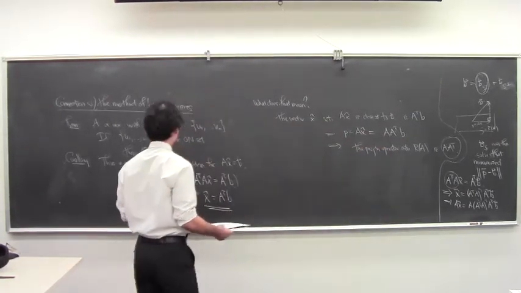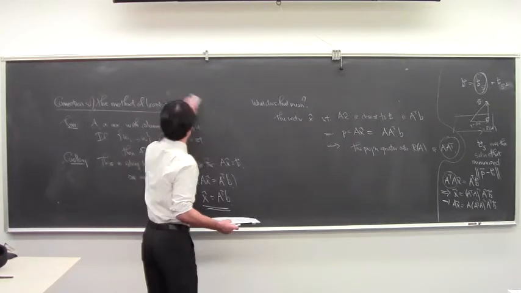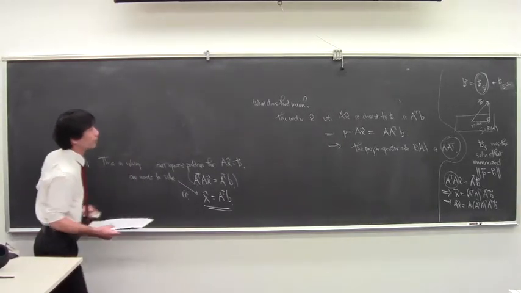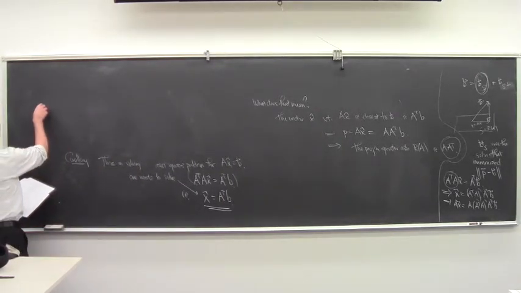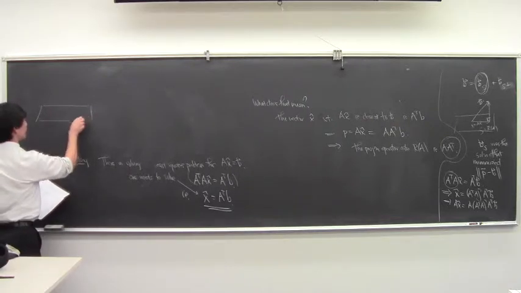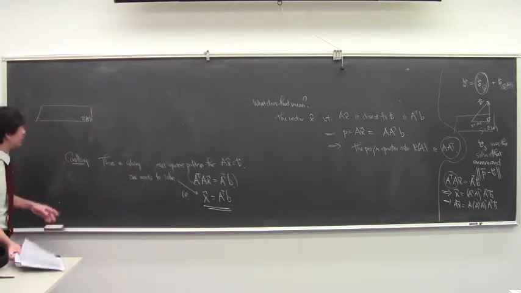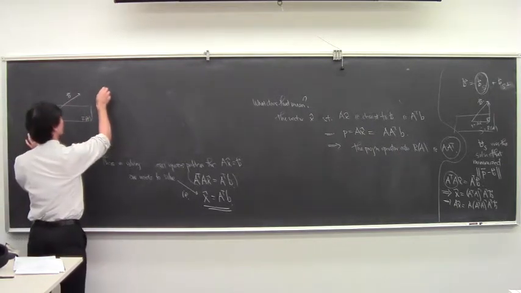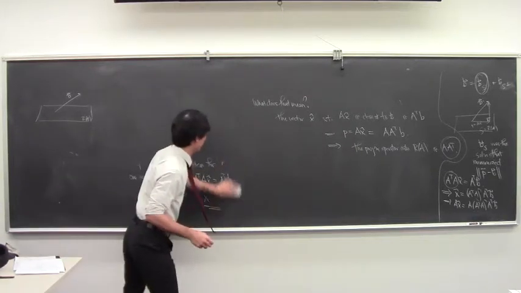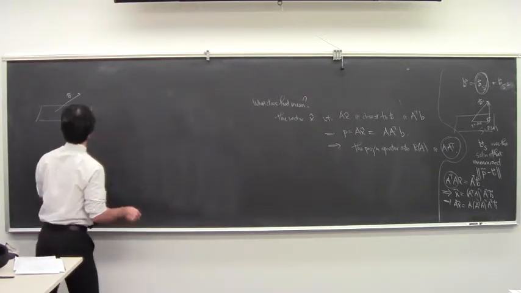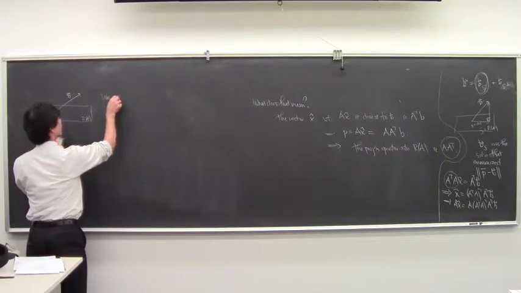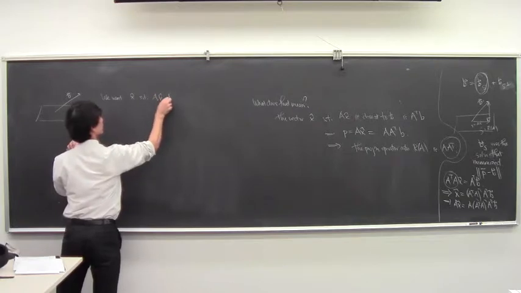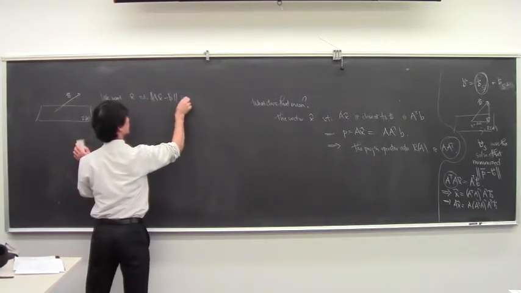Okay. So let's go back here. Let me get some space. Here's the range of A. Here's your B. And we're looking for x so that Ax minus b is minimized.